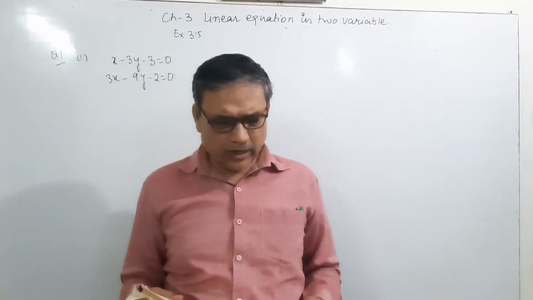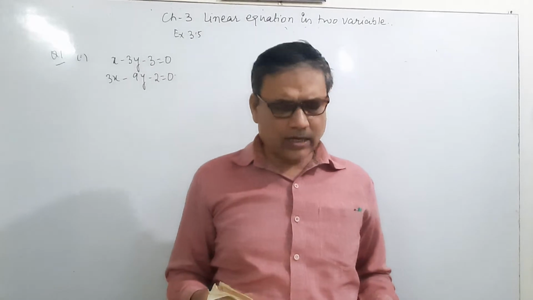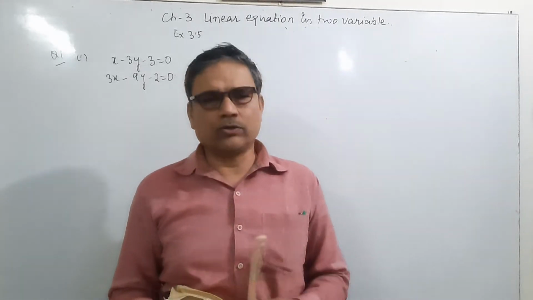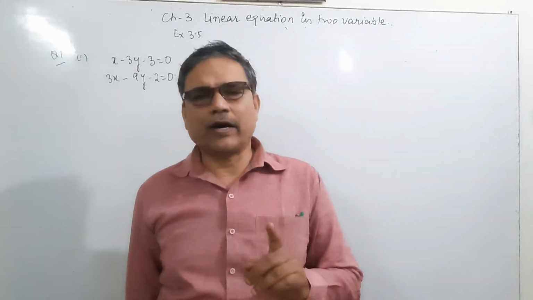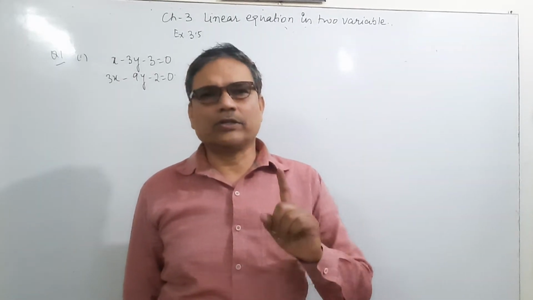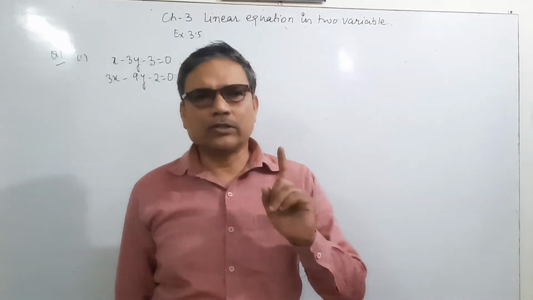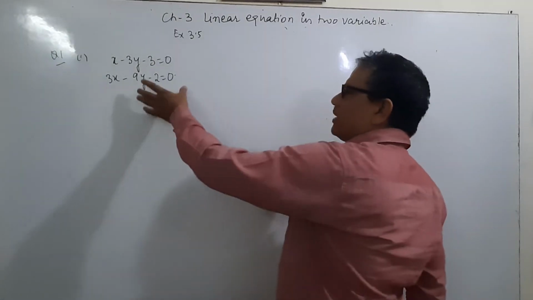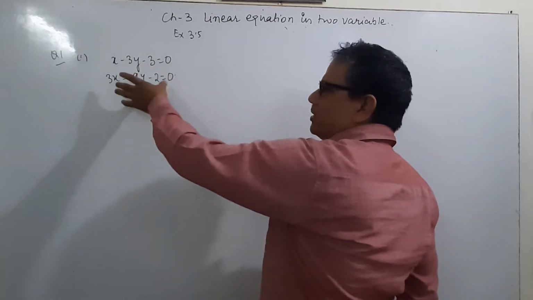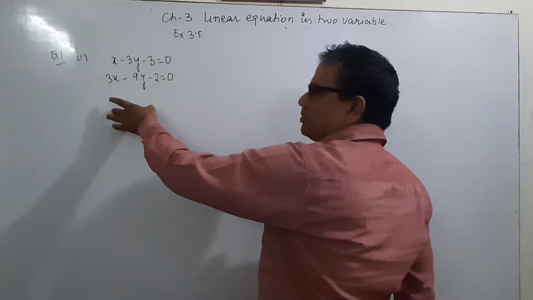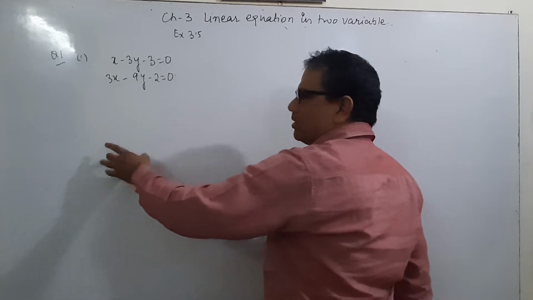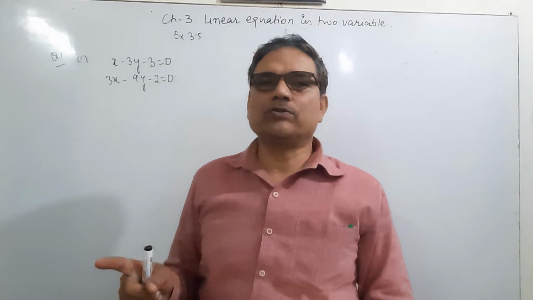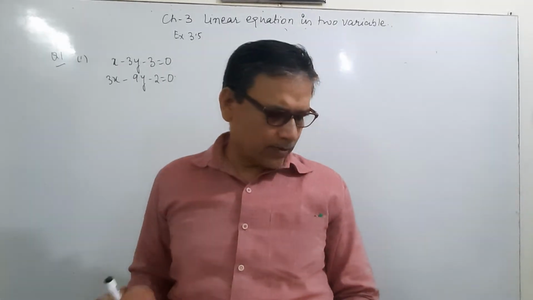Which of the following pair of linear equations has unique solution, no solution and infinitely many solutions? First you have to identify whether the given linear equations in two variables have unique solution, many solutions or no solution. First you have to find out which type of solution these two linear equations have.